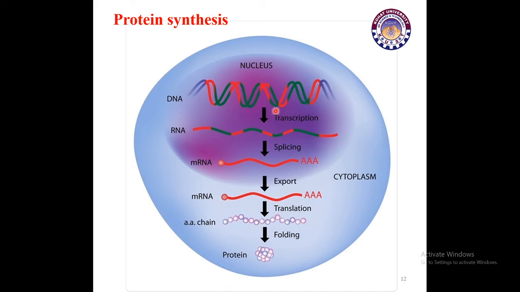In protein synthesis, double-stranded DNA is unwound and separated in a region which codes for a specific protein that is to be made. It is unwound and converted into single strands.